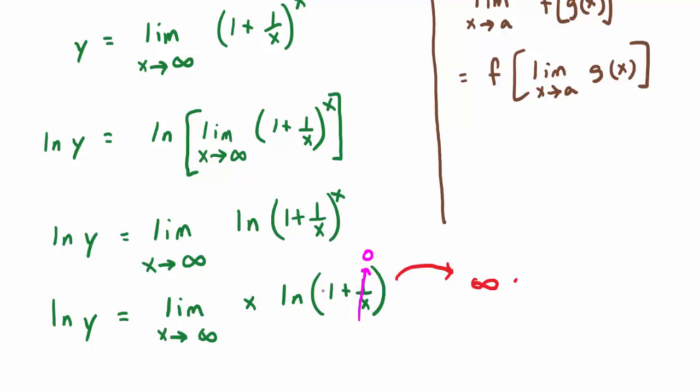And then what's the natural log of 1? 0. So this guy, natural log of this 1 plus 1 over x is going to 0. So we're getting the indeterminate form infinity times 0, which is not something that's okay to use L'Hopital's rule on. Is there a way to rewrite this? So we have x times natural log of 1 plus 1 over x. Is there a way to rewrite it so that it is okay to use L'Hopital's rule?